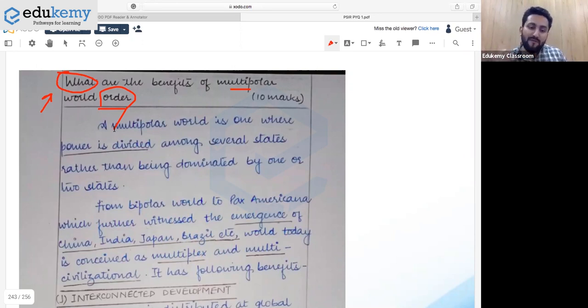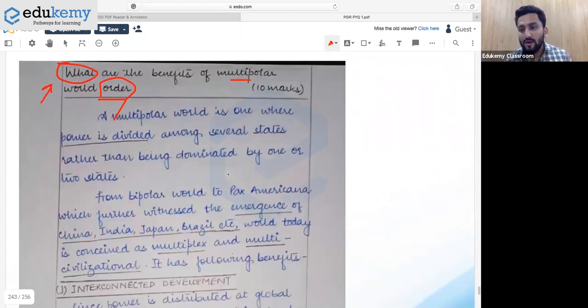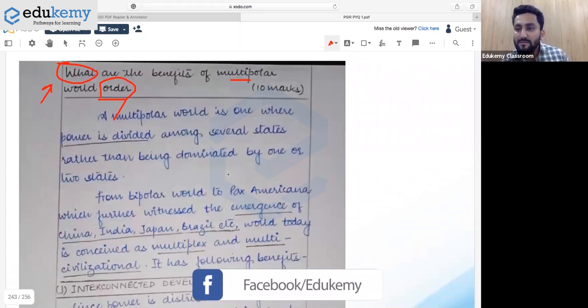Now, whatever benefit we are going to use, we are going to connect with how it is serving or inclining this world towards order. So जैसे लियो ने कहा power distribution. It is not necessary that if you have power distribution, then it can bring you order. No, there can be an unjustified way of power distribution.